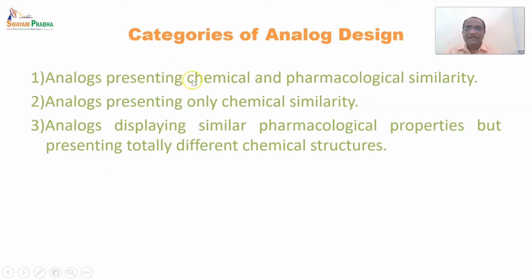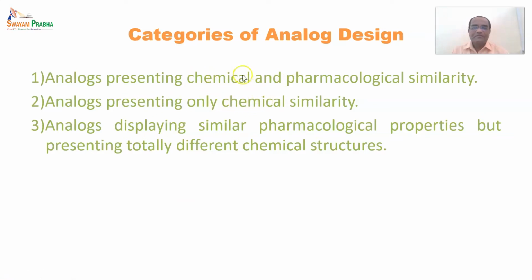So the first category is analog presenting chemical and pharmacological similarity. The meaning of this is that the chemical structure is similar, as well as the pharmacological activity of the drug is also similar. Second category is analog presenting only chemical similarity.